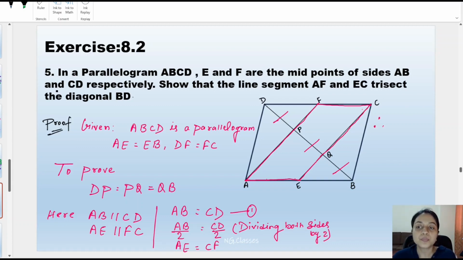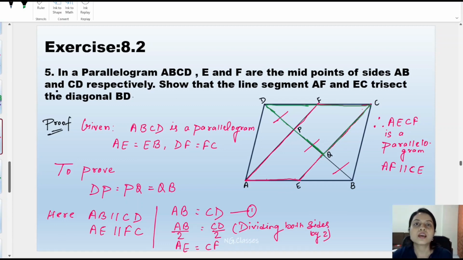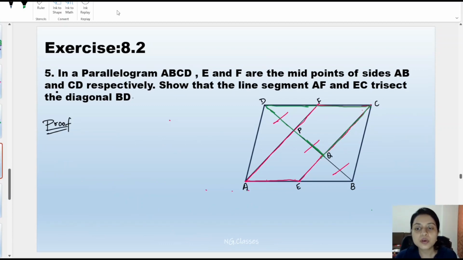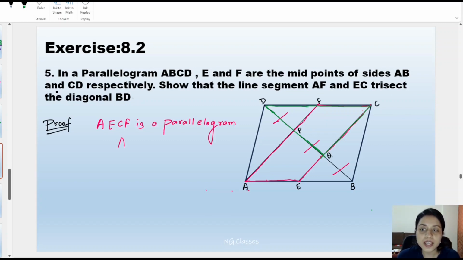Therefore AECF is a parallelogram. Since AECF is a parallelogram, its opposite sides must be parallel and equal to each other. So AF must be parallel to EC.